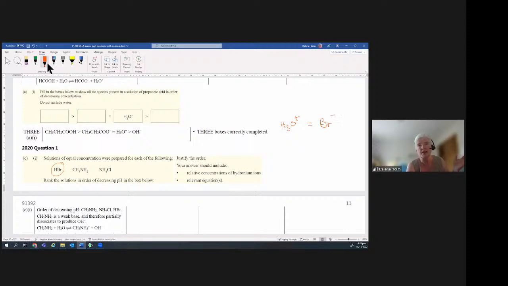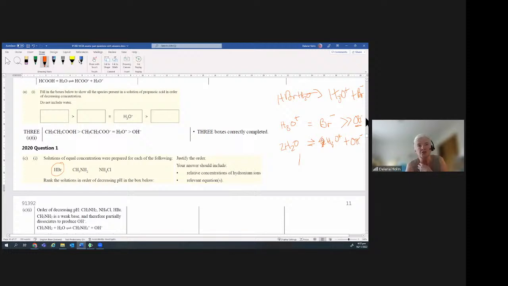Okay. And you've always got the OH-. In your explanation, you need to, of course, have the equation. So you'll have your HBr going completely to H3O+ and Br-. Okay. And then when you want to explain this part, then you would say H2O is in equilibrium with H3O+ and OH-.